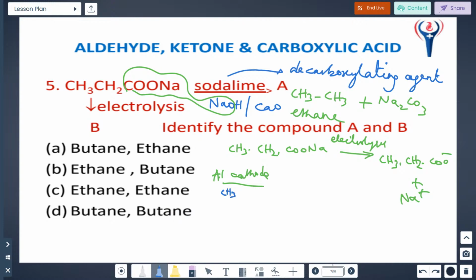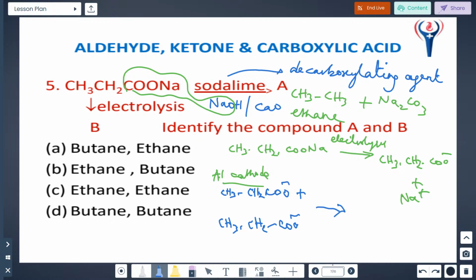CH3, CH2, COO minus, so plus 2 times, I will write, CH3, CH2, COO minus, simple. These compounds undergo electrolysis, we are getting minus and plus.